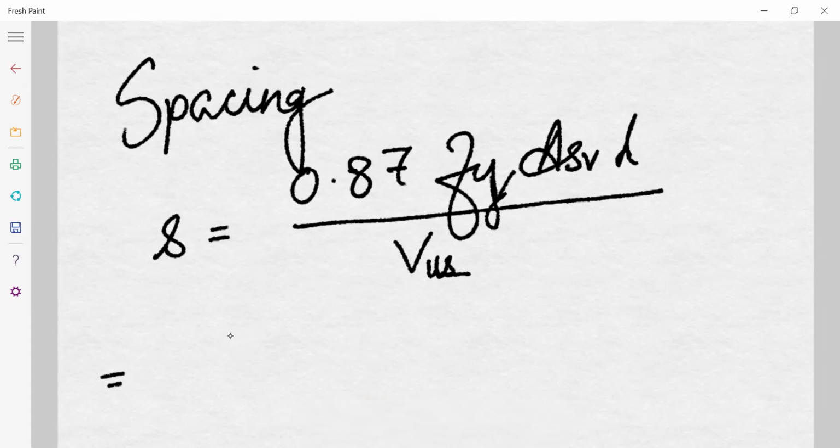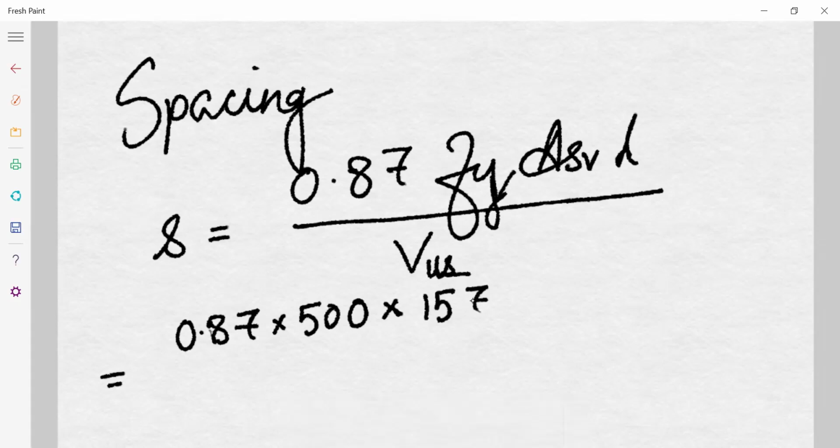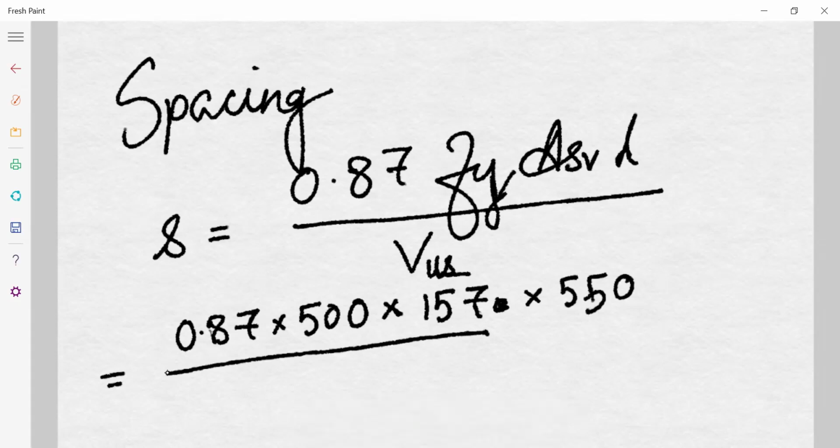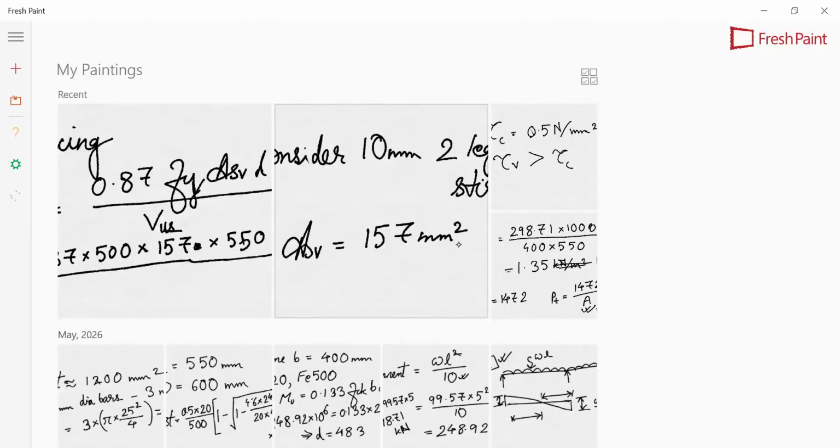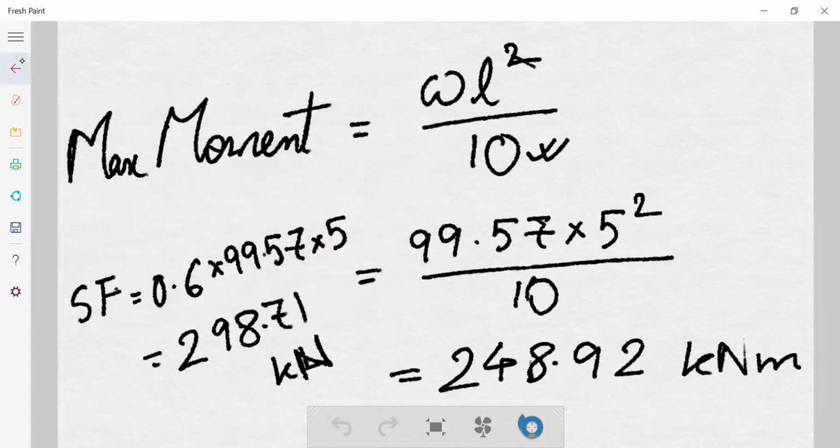So 0.87 into FY, which is 500, ASV is 157 for 10 mm two-legged stirrups, D we have taken 550. VUS means the applied one. Applied shear force was how much? Just check. It was 298.71.